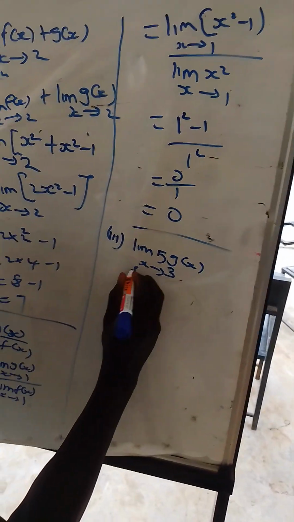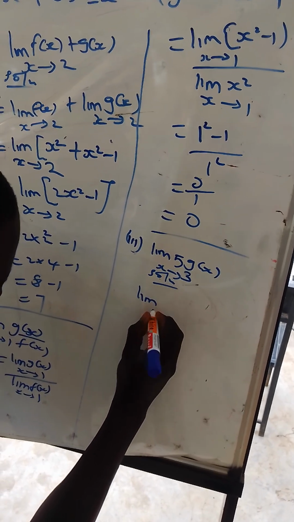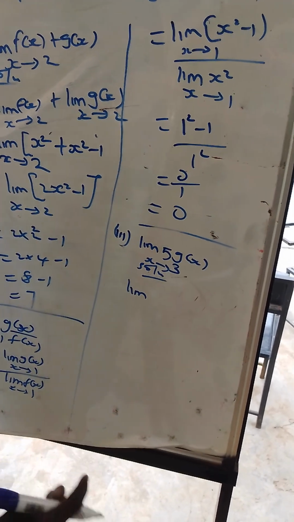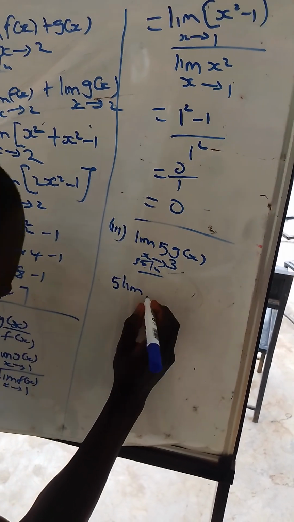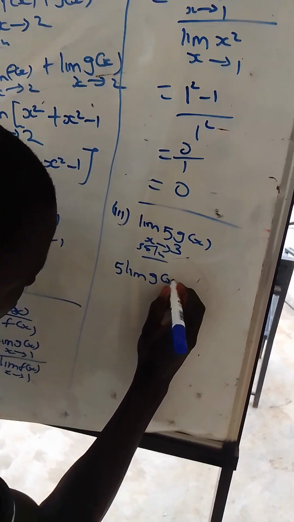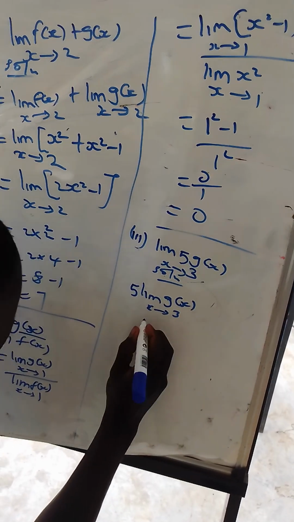This one is the same as our limit of the function. Okay, now here this 5 is a constant. Now we are going to pull this constant out. We shall have 5 times the limit of the function g over x for x tending into 3.